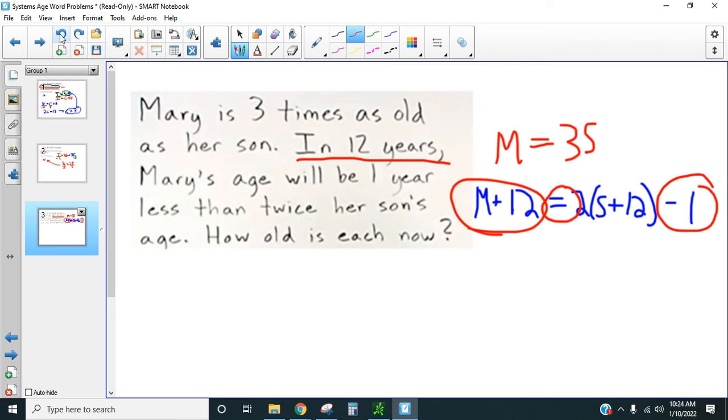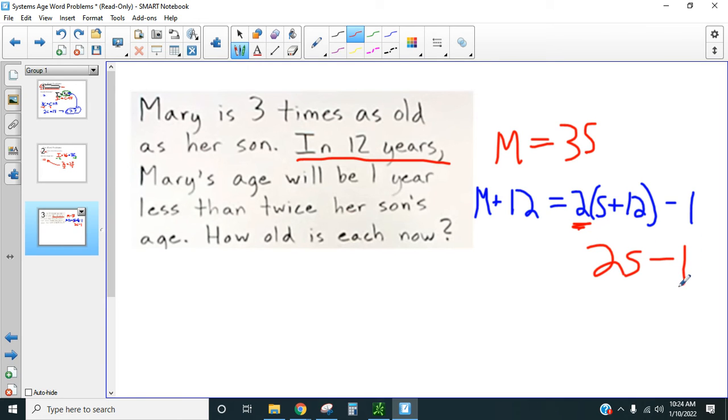So whatever we get is minus 1. 1 year less than what? Twice her son's age. Her son's age has changed. It's not just S. So if you said 2S minus 1, that's not quite right, because the son is now 12 years older. Okay? So from here, what would we do to solve it?